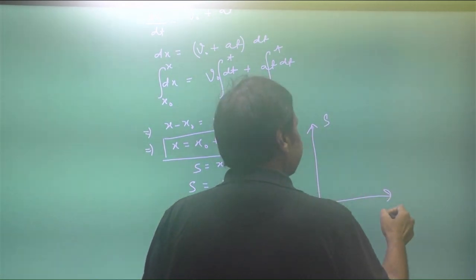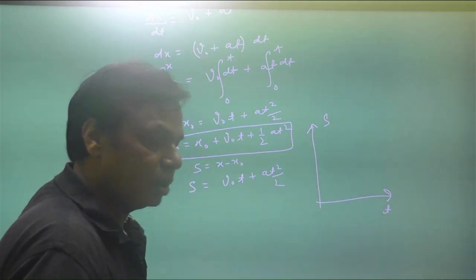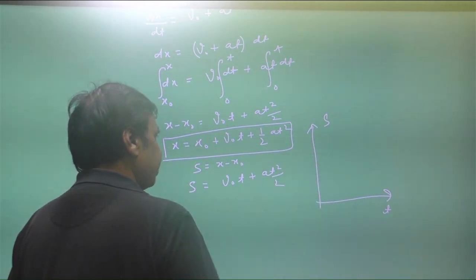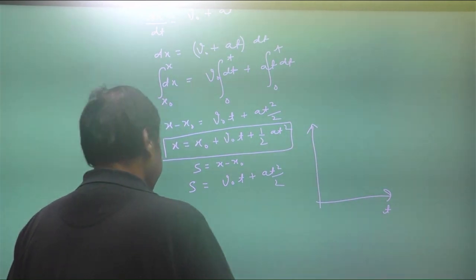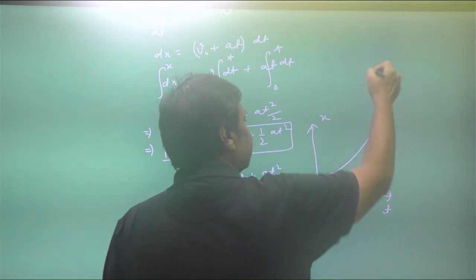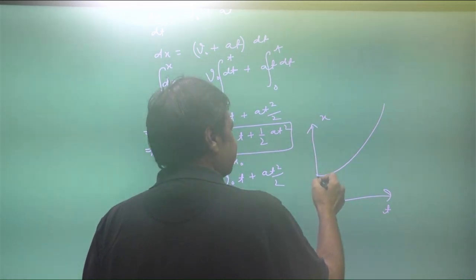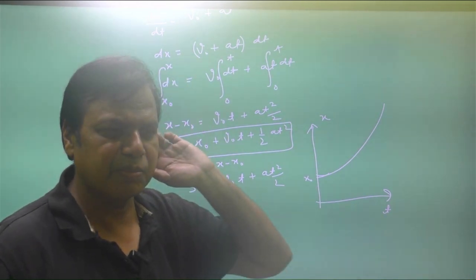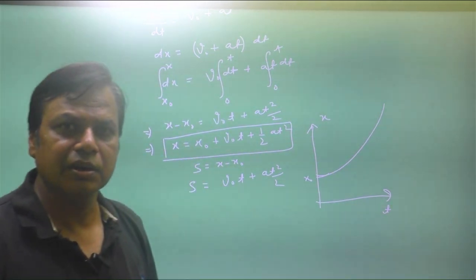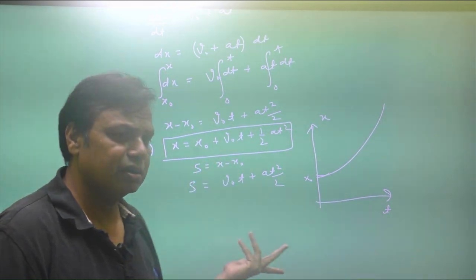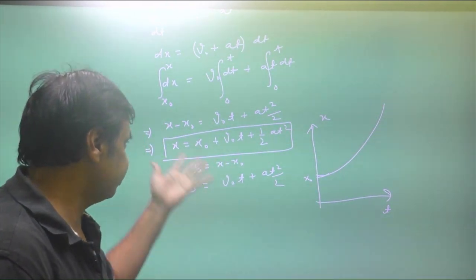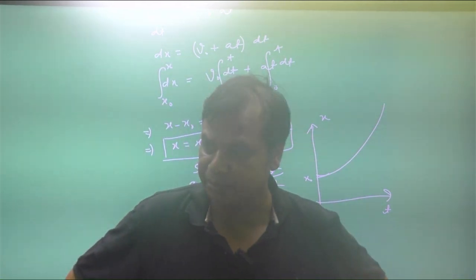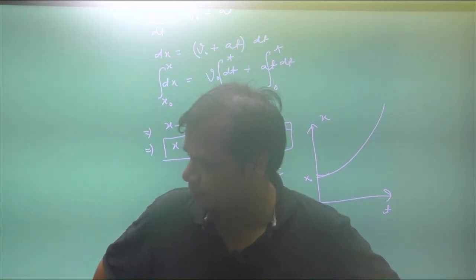S versus t graph will be a parabola or something like this, or you can draw x versus t as well, and this will be something like this, like part of a parabola. And you can get more of the equations, but I need you to solve a problem to practice this first.